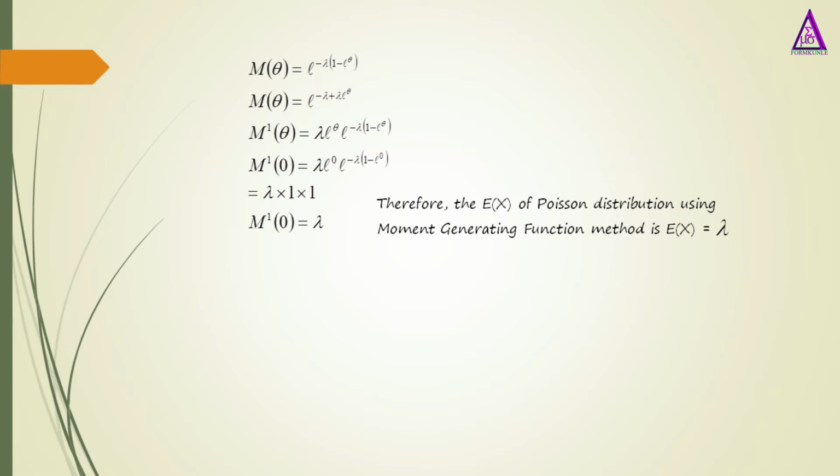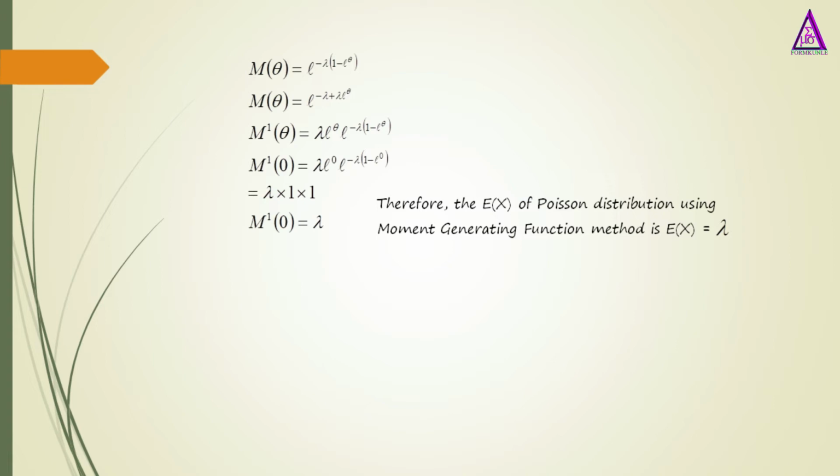So we now equate theta to be 0, that is when theta equals 0. So therefore any place we see theta in equation 3, we are representing it with 0, and in equation 4 we have lambda exponential raised to power 0, exponential raised to power negative lambda into bracket 1 minus exponential raised to power 0, and this one gives us lambda times 1 times 1, as we know that exponential raised to power 0 equals 1.